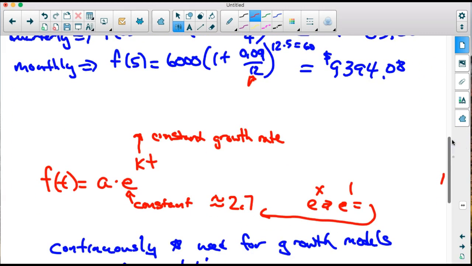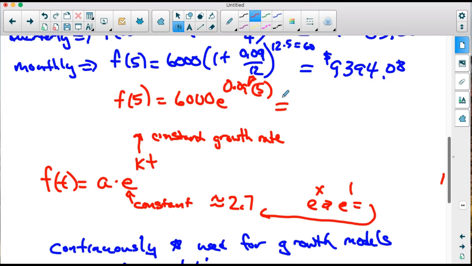We don't have our constant growth rate on this one, so we would assume that it's going to be 9%, even though that's not a right assumption. So it's 6,000 e to the 0.09 times 5, and we'll get an answer here.